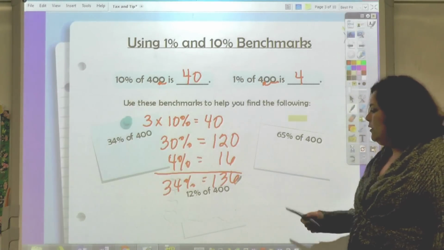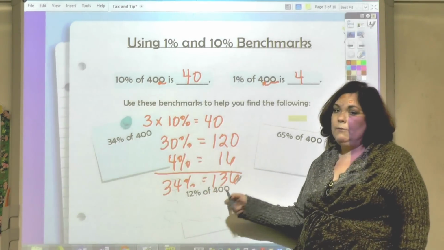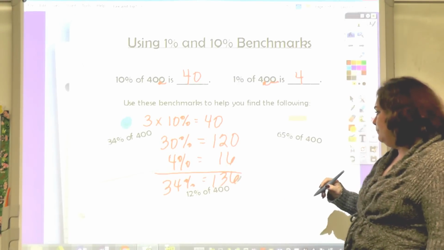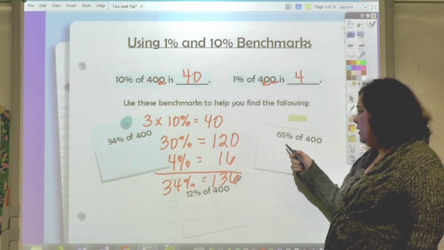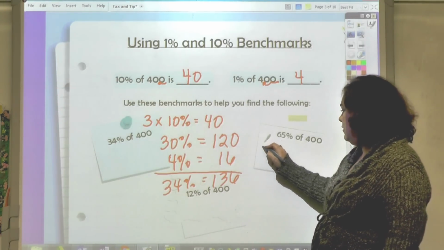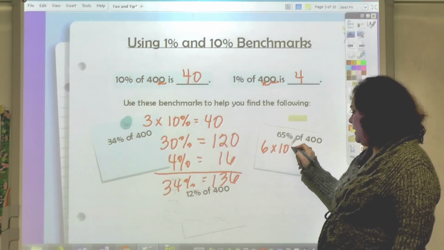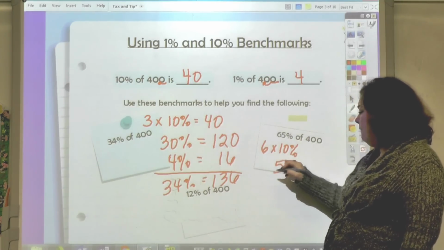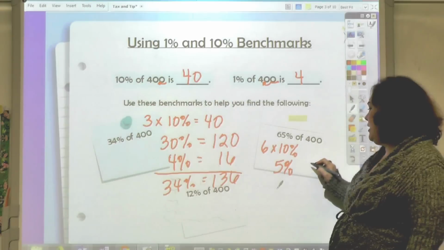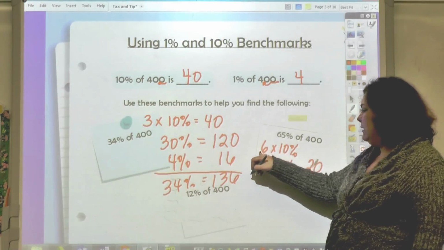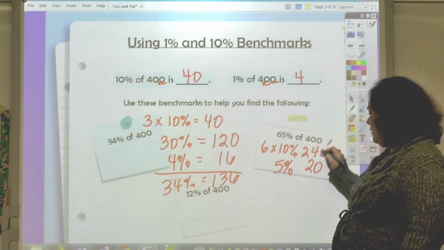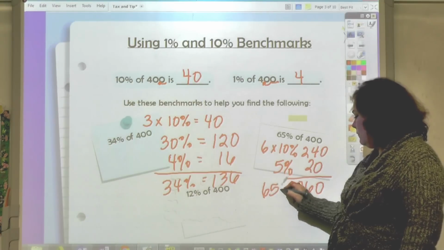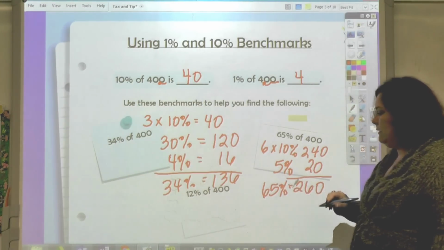So now, knowing what you know, I want you to find 12%. We found 11%, but find 12% of 400 and see what you get. And then 65%. You could break this down into 6 times 10%, and then 5% is half of 10%, and half of 40 is 20. So 40 times 6 is 240, and then you would add it up, and it would be 260, would be 65%.